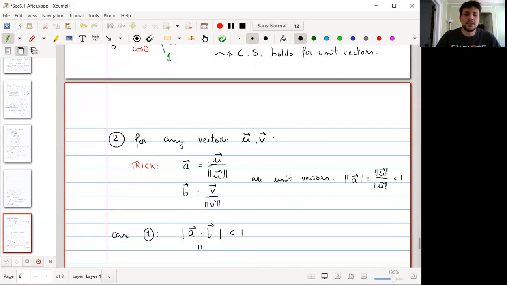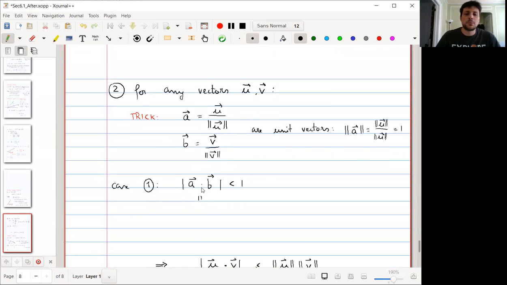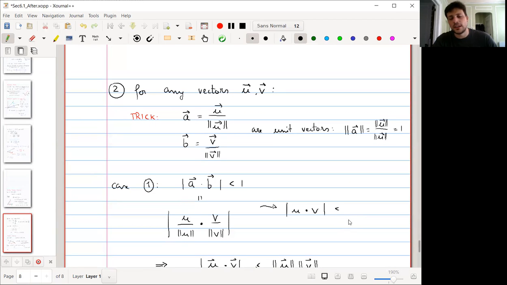So let's take these vectors a and b and apply the Cauchy-Schwarz inequality from case 1 to a and b, because those are unit vectors. That's the same as saying that u over the norm of u dotted with v over the norm of v is less than 1. But then if I multiply both sides by the norm of u times the norm of v, I get that the absolute value of u dot v is less than the norm of u times the norm of v.